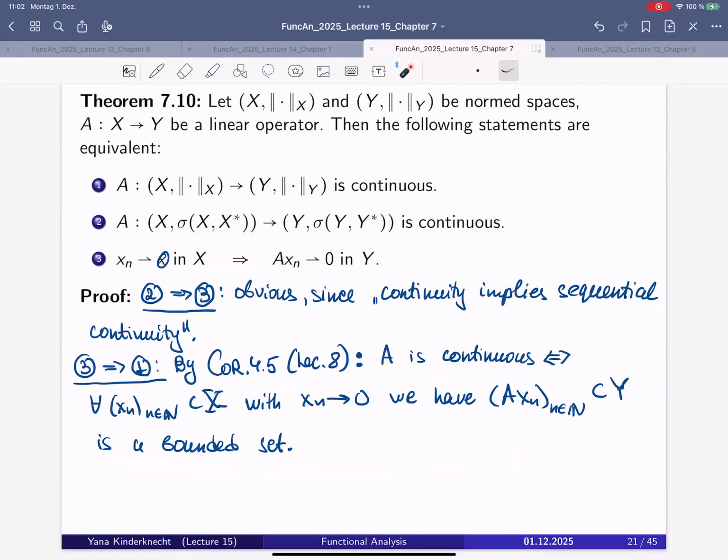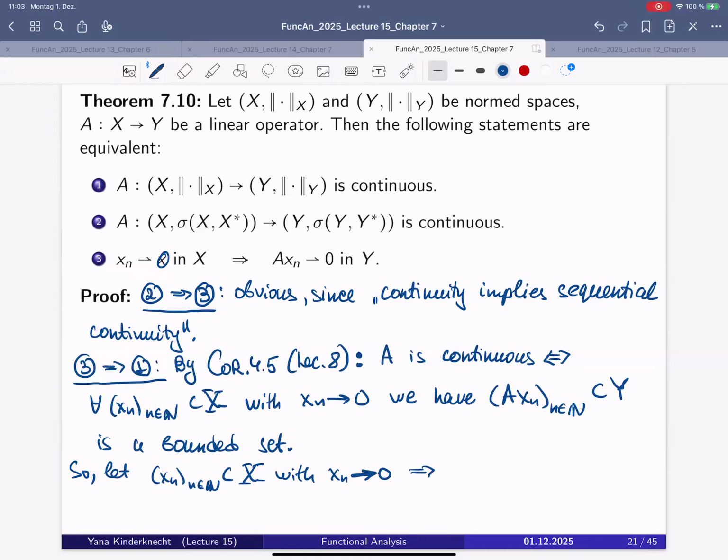So let Xn be a sequence in X which converges to 0 in the norm.